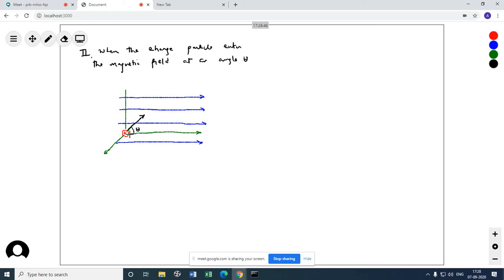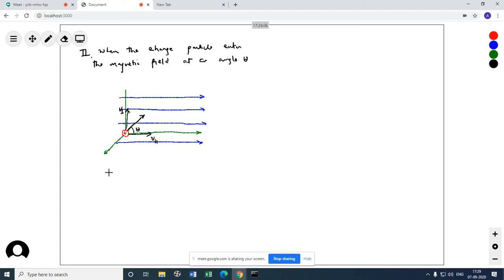Now we can resolve it into two components. One will be the V parallel component, which is parallel to the magnetic field, and another will be the perpendicular component, which is perpendicular to the magnetic field.